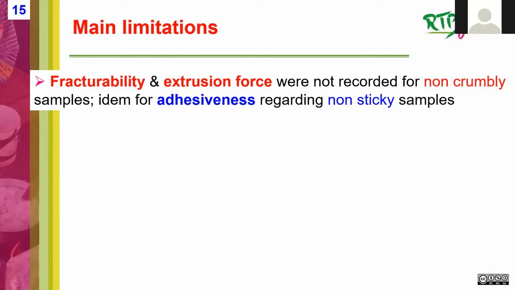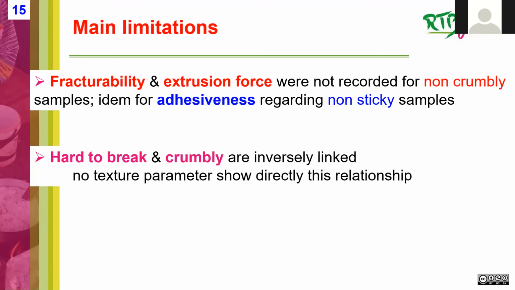Likewise, adhesiveness cannot be recorded for non-sticky samples. The descriptors hard to break and crumbly are inversely related, but in this work, we didn't find any texture parameter that can show directly this kind of relationship.